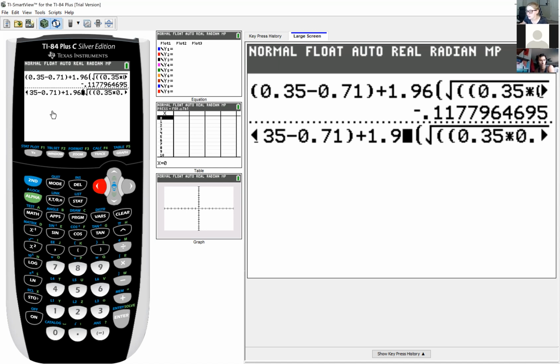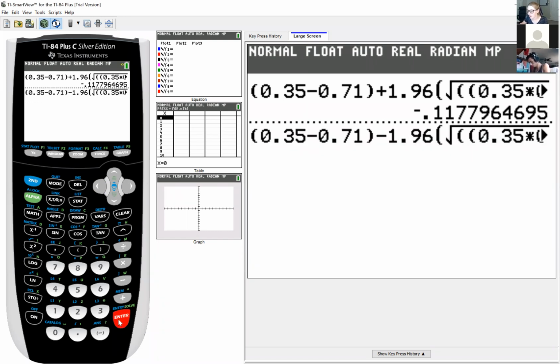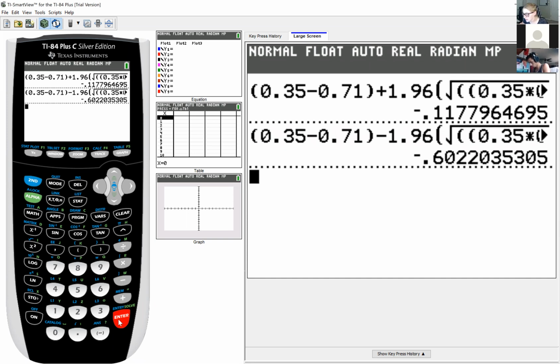It does take a second, but it takes less time than retyping. Oh, okay. And then you can just change the plus to a minus. And then you should be able to hit enter and get the other one. Yeah, which is 0.602. So that is how you can do it on this calculator.